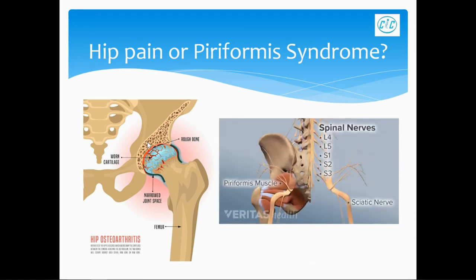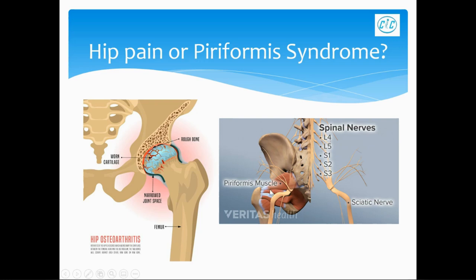But let me show you this picture again. The piriformis, which is right here, is the rotator muscle to the hip, and therefore if there is irritation to the hip itself, it affects the muscles attached to it, and it is always affecting this piriformis muscle due to the joint issue in the hip.